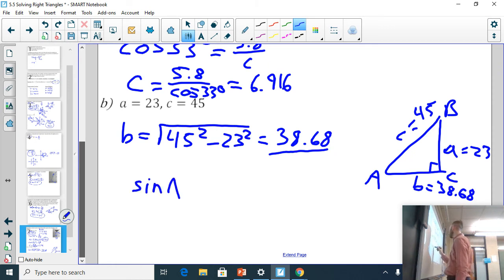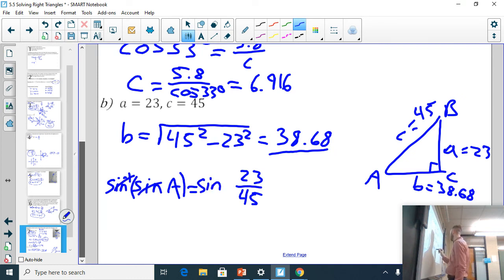So we have the sine of A equals, and I'm going to leave some space because I'm looking for an angle, and I know I'm going to need to take arc sine if I'm looking for an angle. Opposite is 23, and hypotenuse is 45, and then I know I'm going to need to take sine inverse, and so then A is going to be sine inverse of 23 over 45.